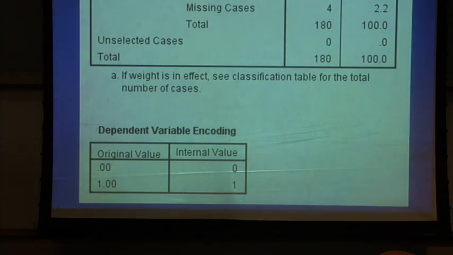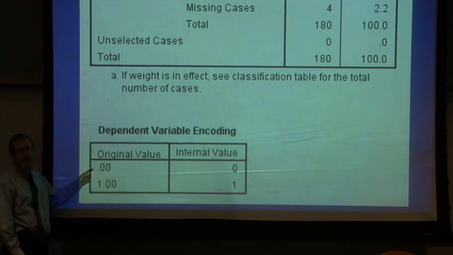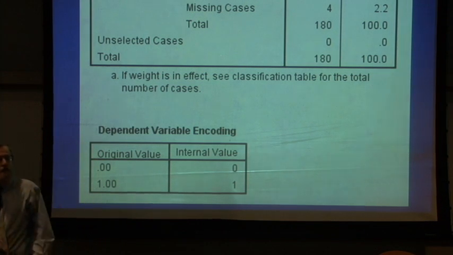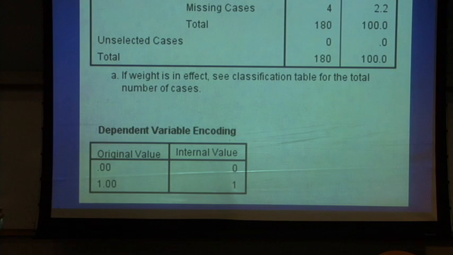And then when you run it, it gives you a couple things along the way, like what's included in the analysis, and it tells you, this part is saying the original value, that's the way the variable is. The variable had the values in your outcome 0 and 1. Internal value means that's the values it uses when doing the analysis.